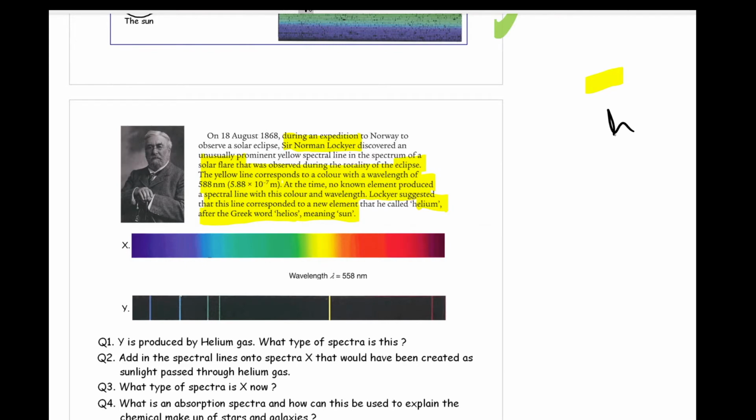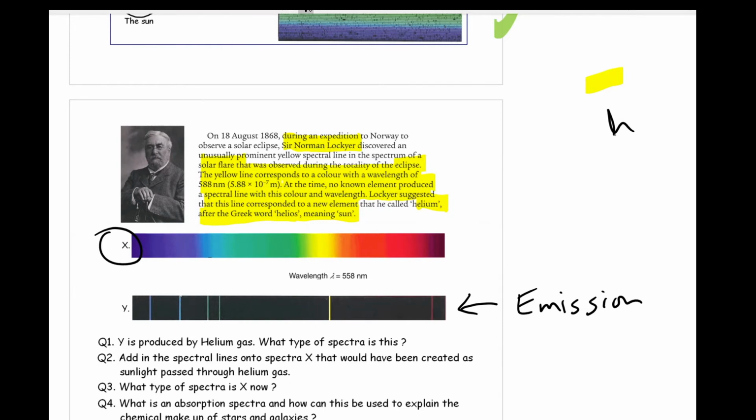Why is this produced by helium gas? What type of spectra is this? That type of spectrum is an emission spectra. Add in the spectral line into spectra X that would be created as sunlight passed through the helium gas.